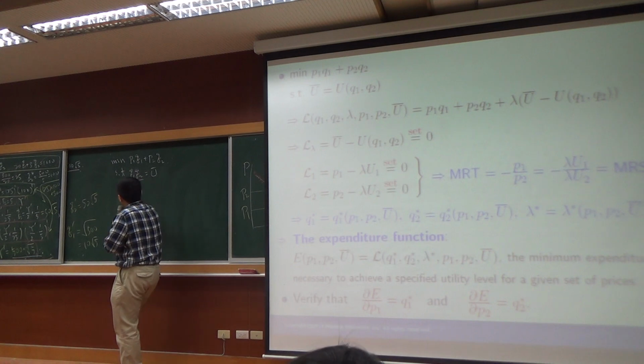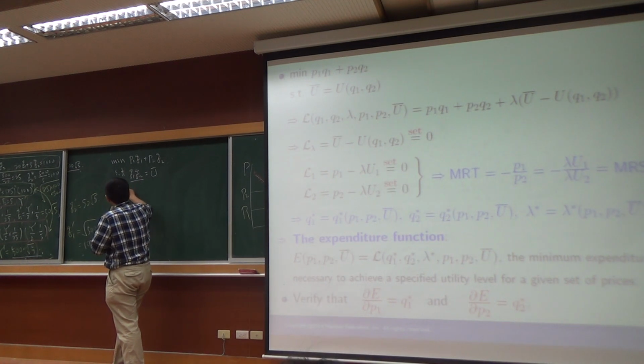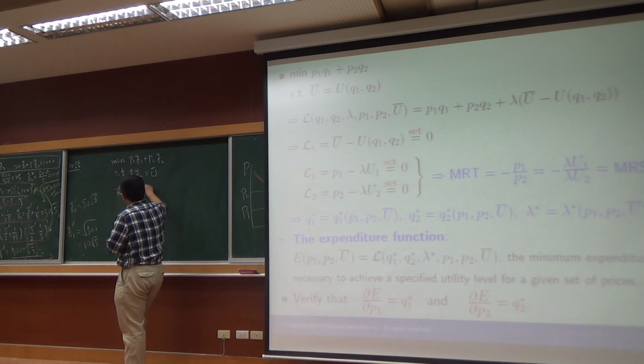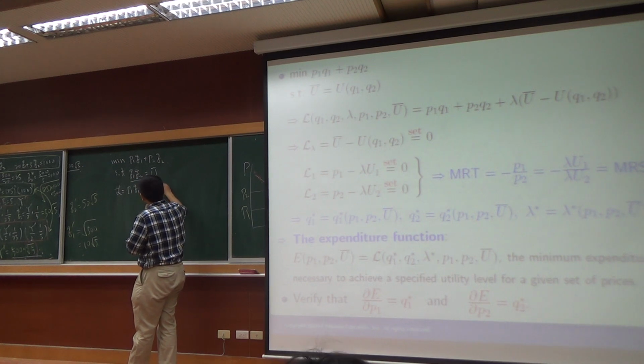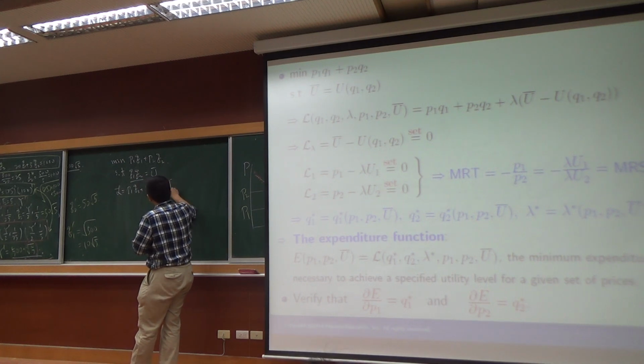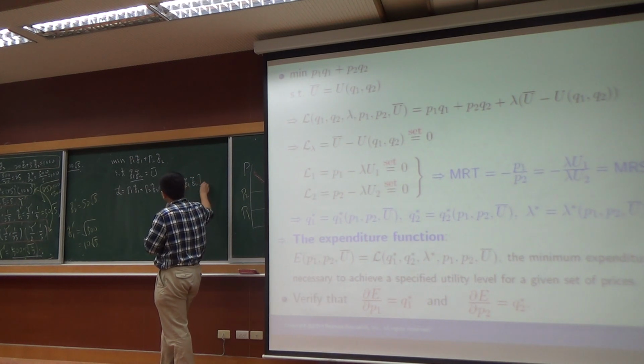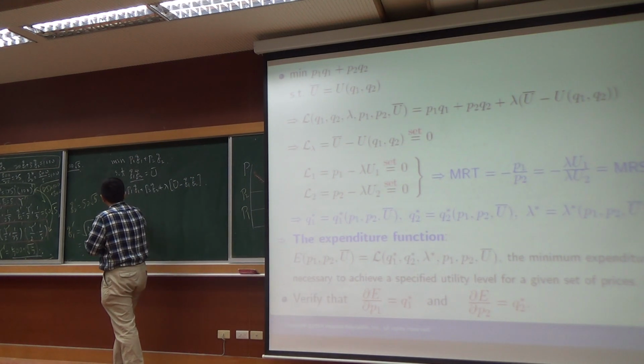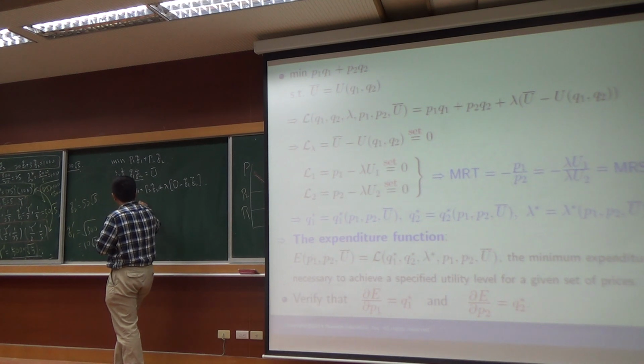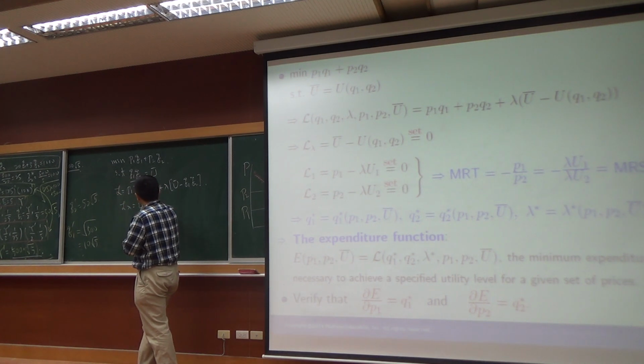All right. So Lagrange again, P1 Q1 plus P2 Q2 plus lambda times U bar minus Q1 Q2. The Lagrange with respect to lambda equals U bar minus Q1 Q2.